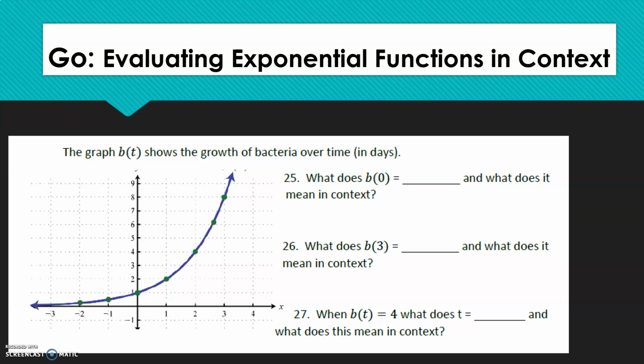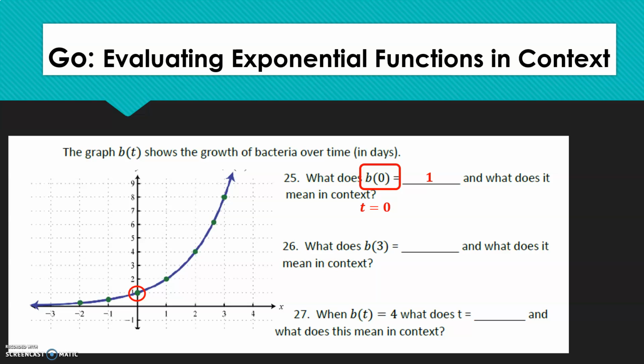B of 0 asks us to find the amount of bacteria when t equals 0. So we find t equals 0 in the graph, and we see that our y value is 1, which means when the time was 0, there was 1 bacteria.